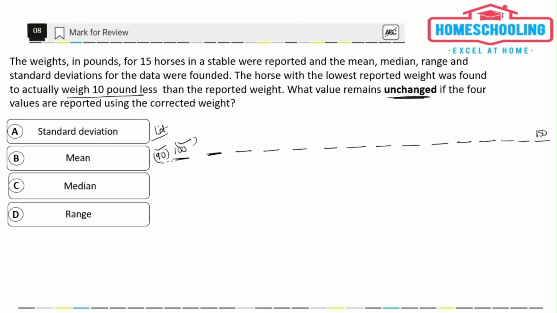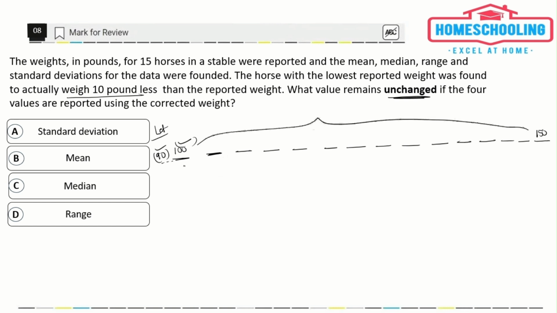So let's find out the effect. Initially, we are taking the horses from 100 pounds to 150 pounds, but the question said the weight was reported 10 pounds more. So from 100, it is going towards 90. Previously, the spread was from 100 to 150, but now the spread has increased, from 90 to 150.